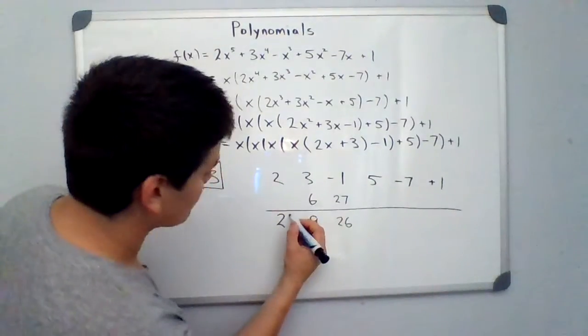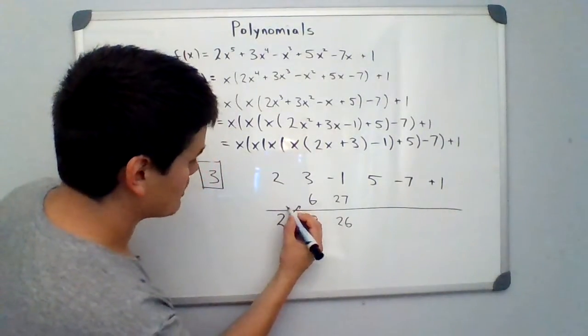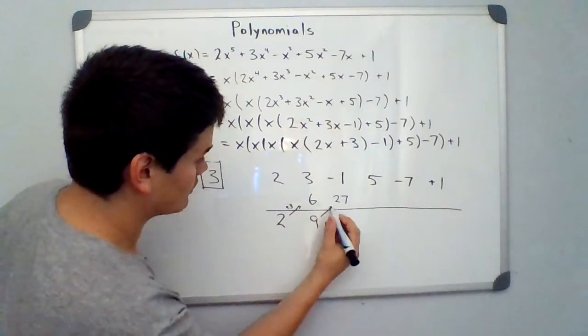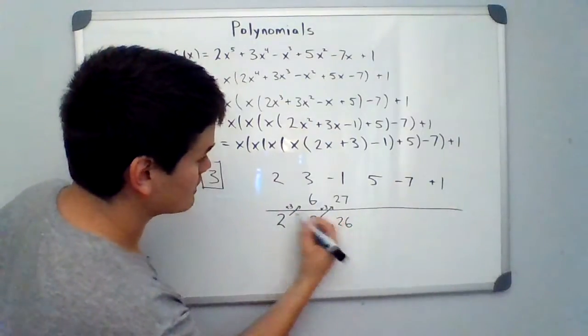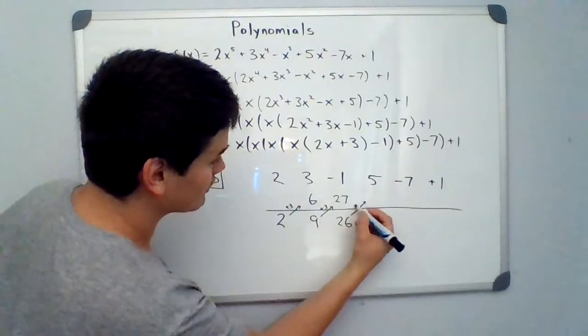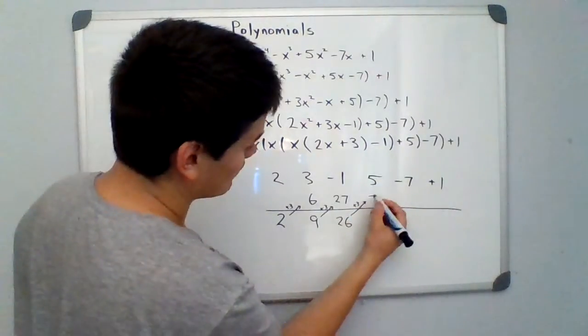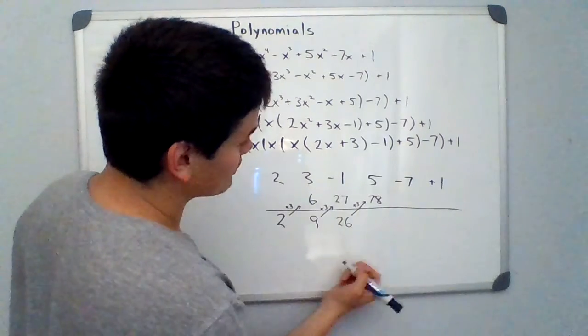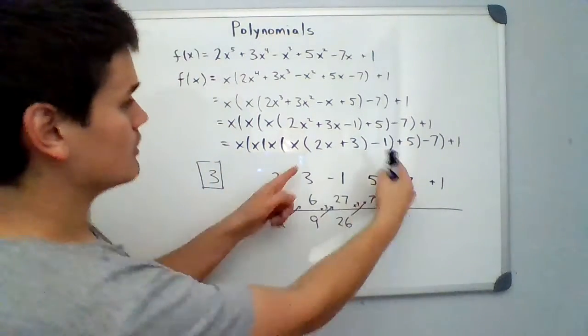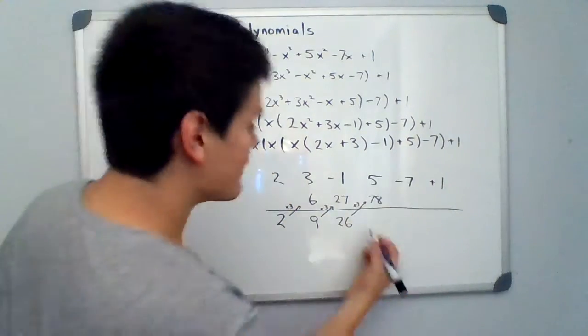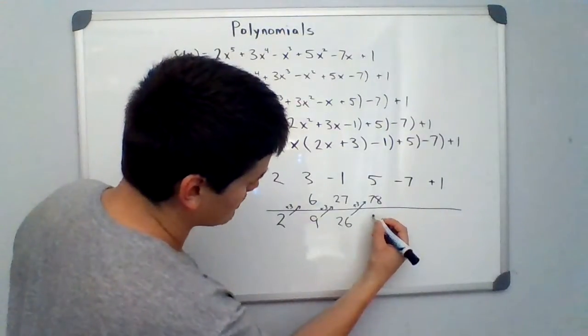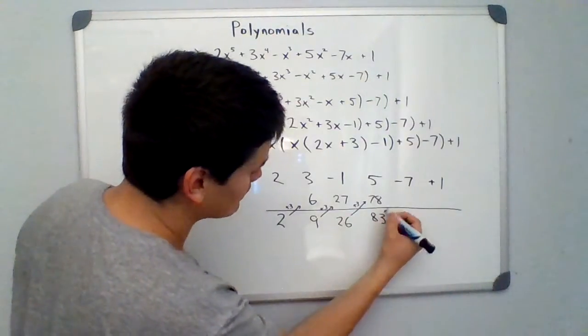So each time I move from here to here, I'm multiplying it by 3. So 26 times 3 to get to this term here is going to be 78. And I add 78 plus 5. In other words, 78 plus 5 is going to be 83.